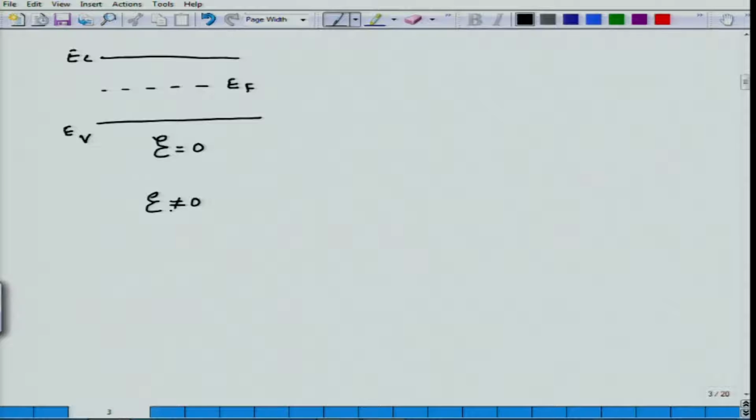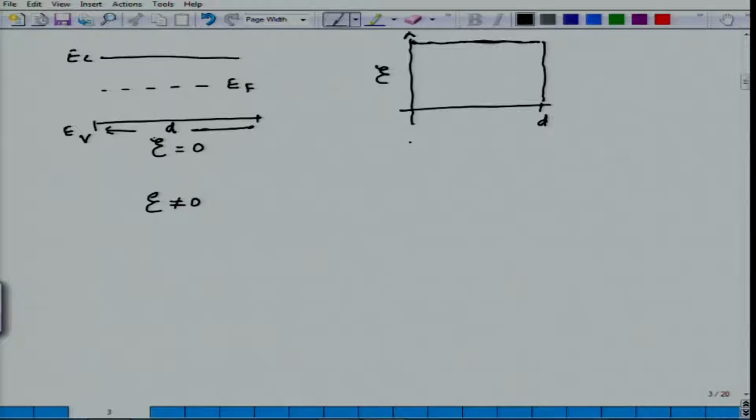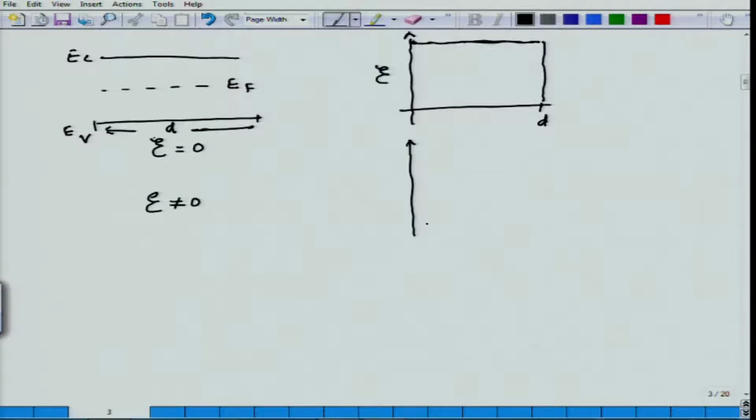and if E is not 0 and I plot in this semiconductor of, let us say, distance d, with x at this end, if I have applied a field and there is no drop of field at the contacts, then the field inside the semiconductor is constant and it is given by this value E. And if the field is constant inside the semiconductor and there is no accumulation of charges anywhere, the material remains neutral throughout.